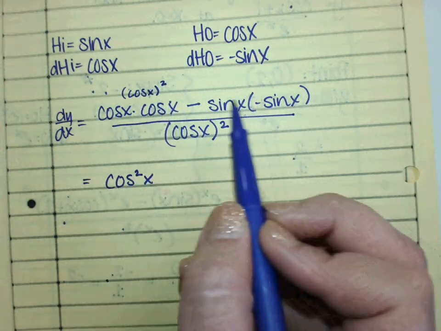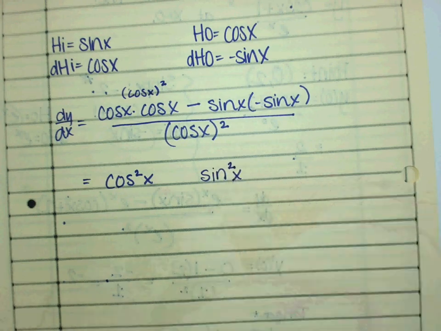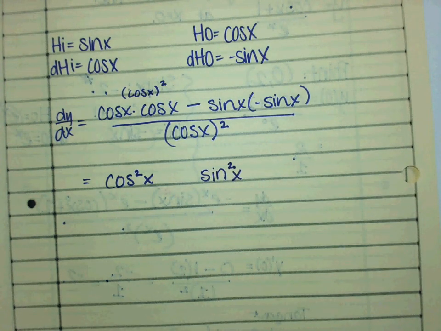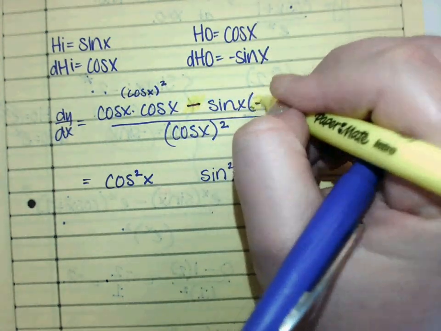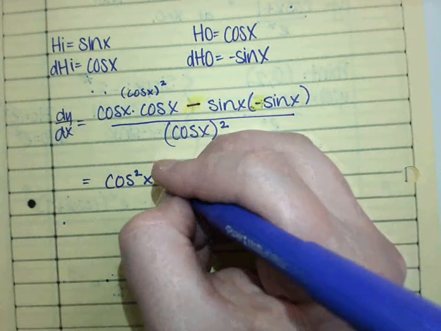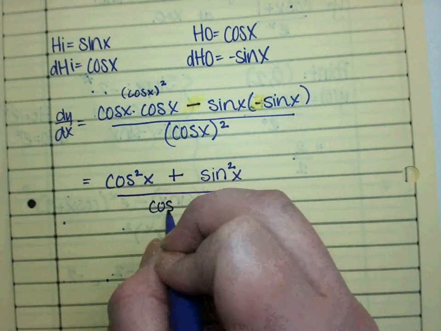So how would I write sine? I'd do sine squared x. Will I put a plus or a minus between those? Plus, because I have a negative here, and then I'm multiplying by a negative sine here, so that is now a plus. On the bottom, I have a cosine squared x.